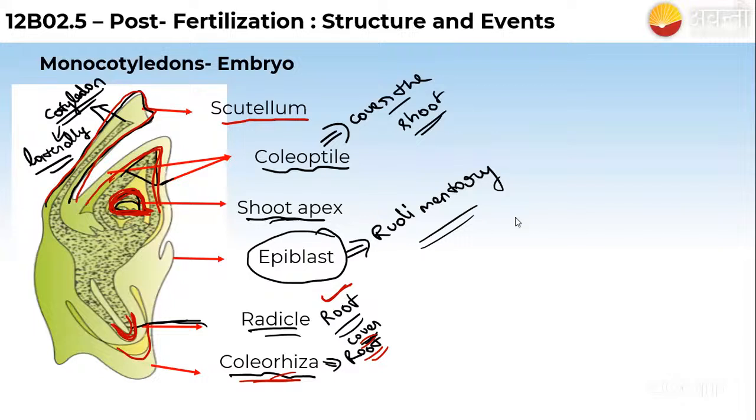Appendix, very good. And I have one question, guys. During evolution, which came first, monocotyledon or dicotyledon? Does the dicotyledon arise first or the monocotyledon arise first?